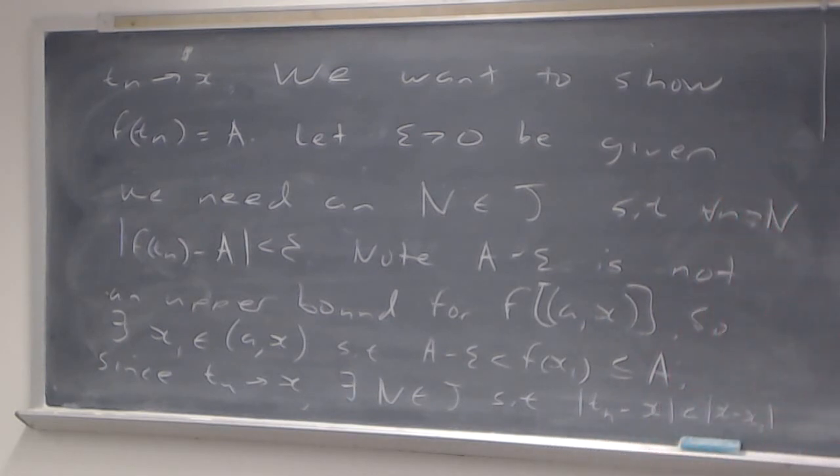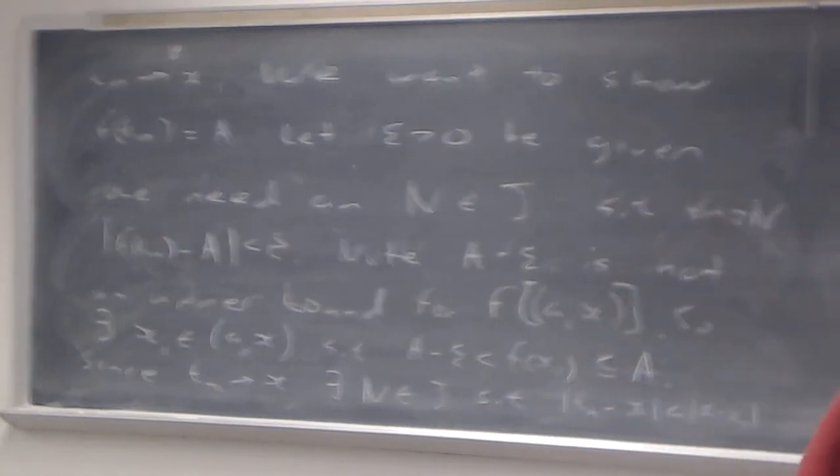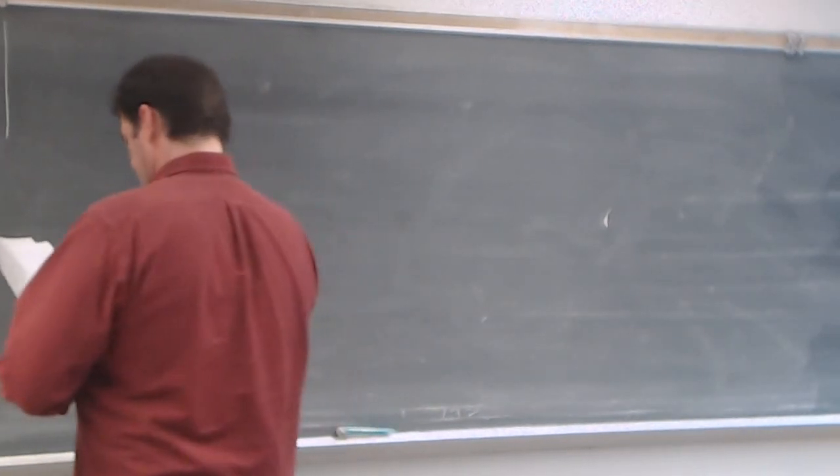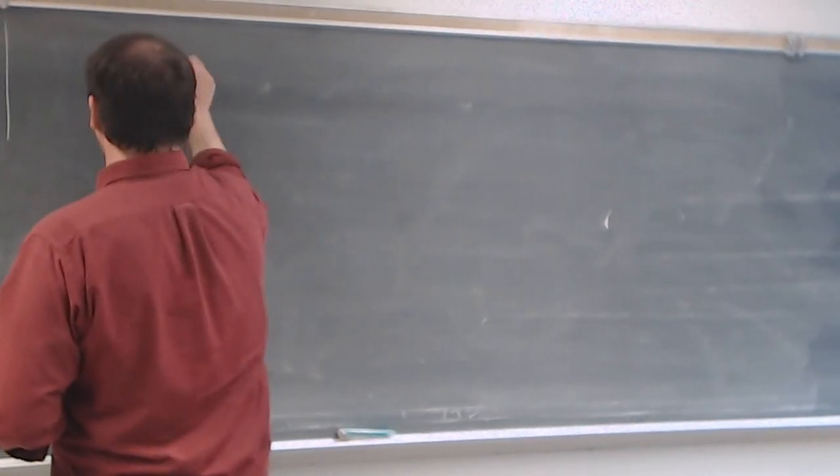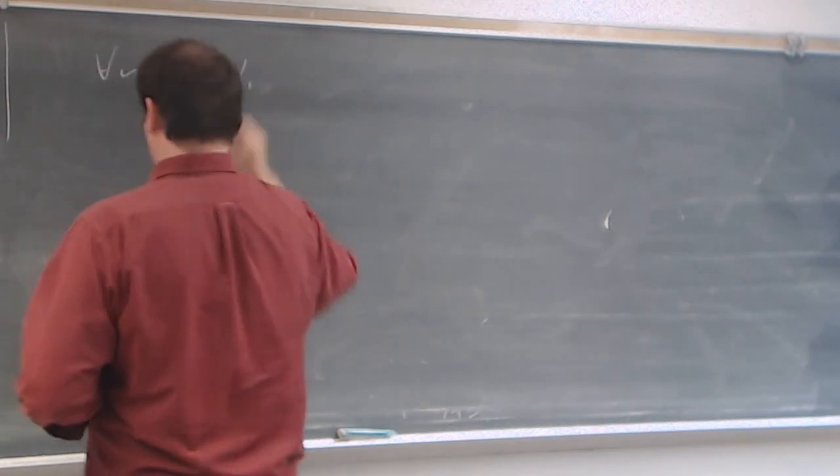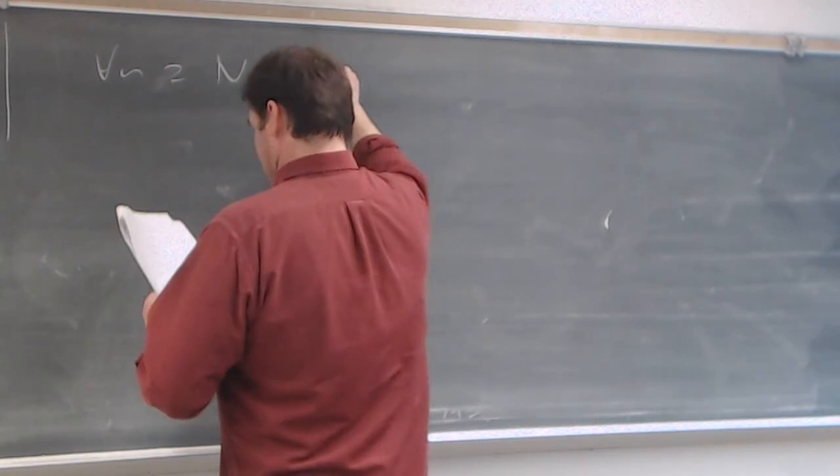These are not the same, so their distance is a positive number. The reason x and x sub 1 are not the same is that x sub 1 comes from the open interval from a to x, so it can't be equal to x. So this is true for all n greater than or equal to this big N.